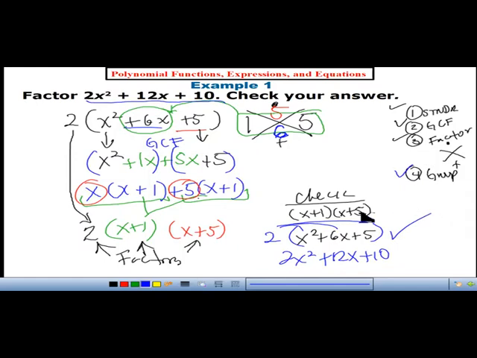Now, the reason I'm bringing this back, guys, is because I was going through some of the homework with multiplication, and look up. Some of you had something like this, 2 times x plus 1, x plus 5. And some of you did this. Look up. You distribute, but then you distribute to this one also. Can we do that? No, we cannot. We can only do that if this was addition.